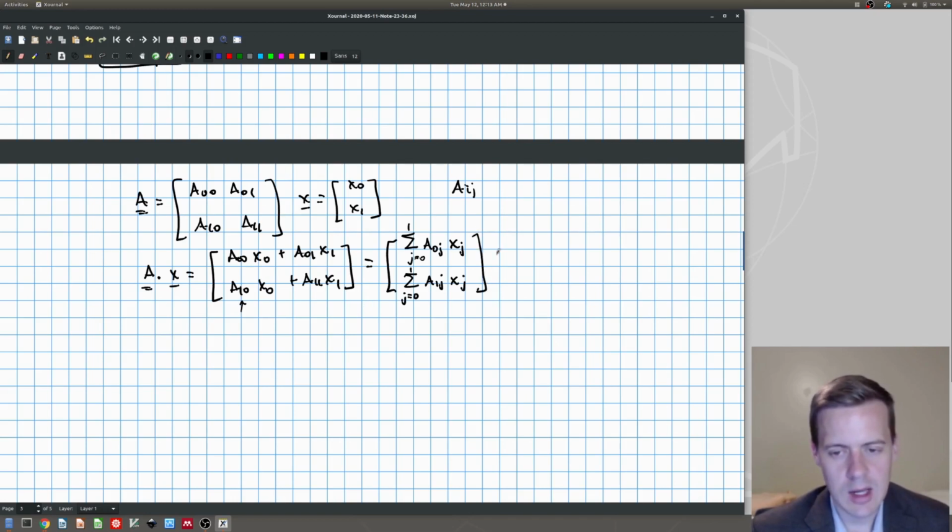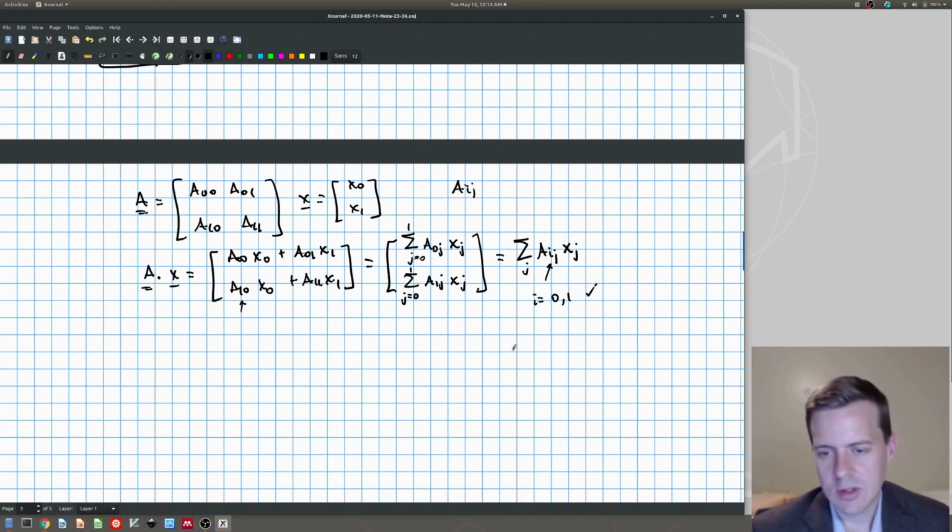If I want to write that down in general for any 0 or 1, I can write that as a sum over j of aij xj. I had the j's right there, and now I have this i, and that i can be either 0 or 1.